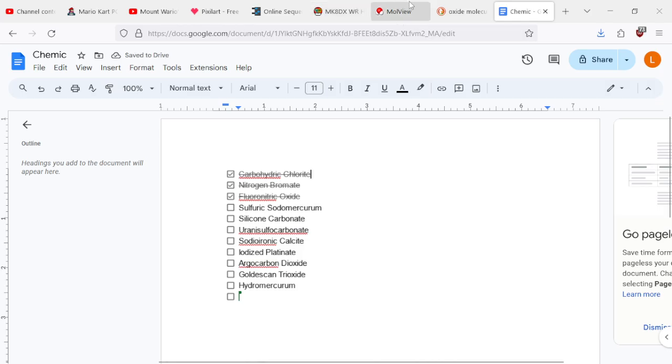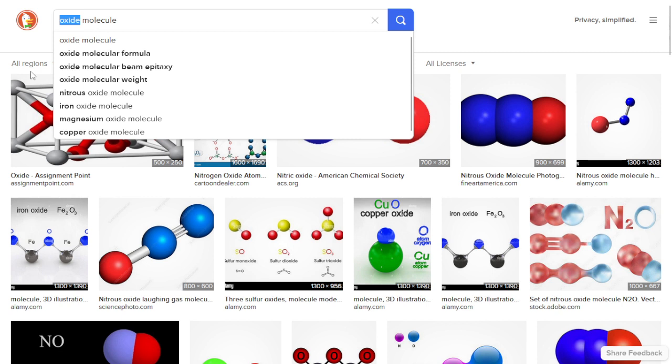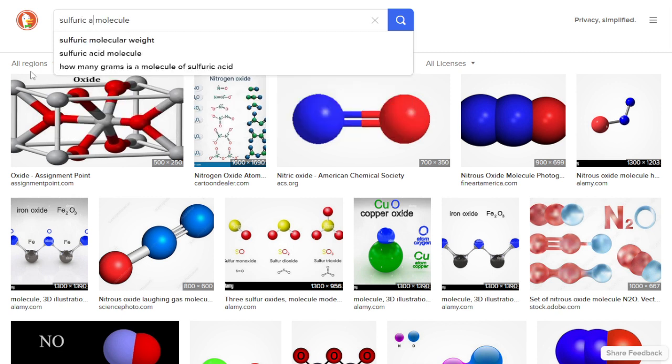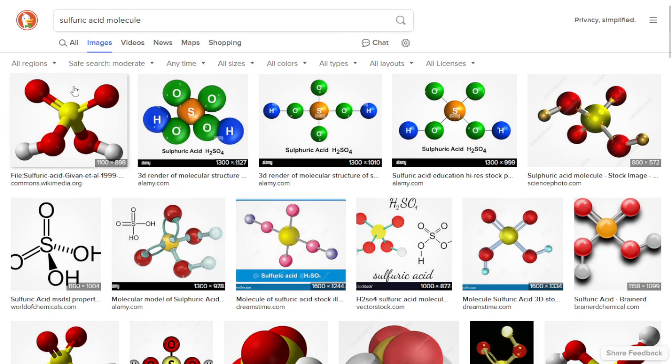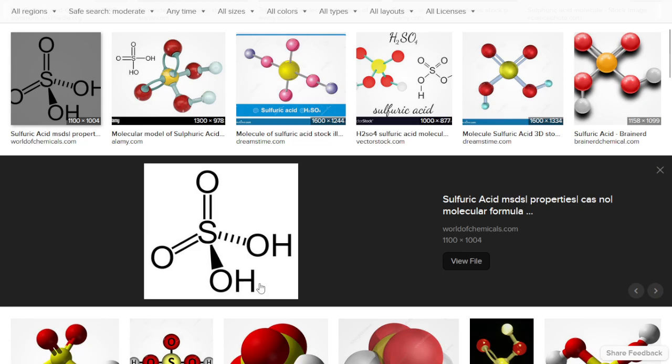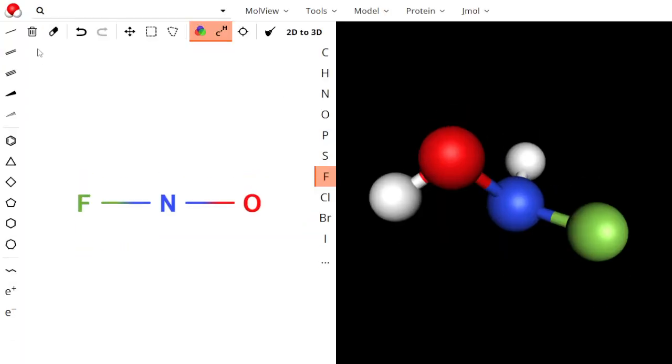Sulfuric soda-mercurium. When I came up with this idea, I thought I was a genius. I took sulfuric acid's molecular structure, you know, not this, the heck? Yeah, this. I took this, and this is basically what I did. So, you take the sulfuric acid molecular structure here, you know?